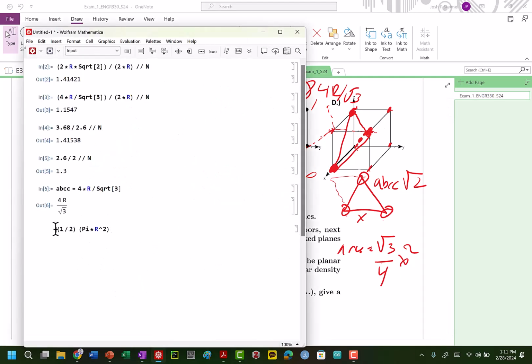So that's the whole thing, number of atoms times pi r squared, divided by the area, which is going to be square root of 3 divided by 4 times our x, which is going to be square root of 2 times A of BCC, and then we're going to have that whole thing squared.